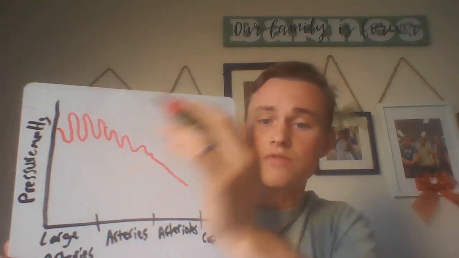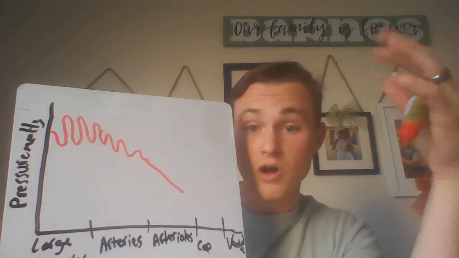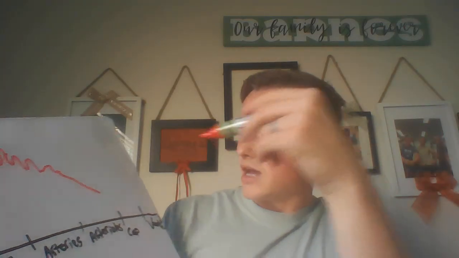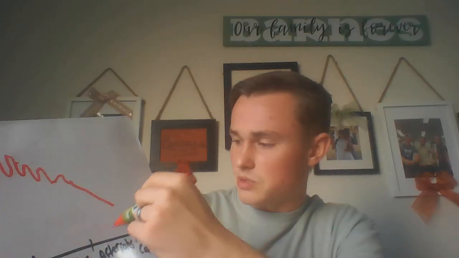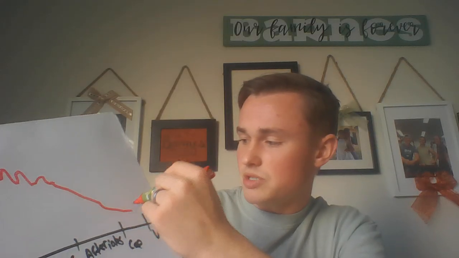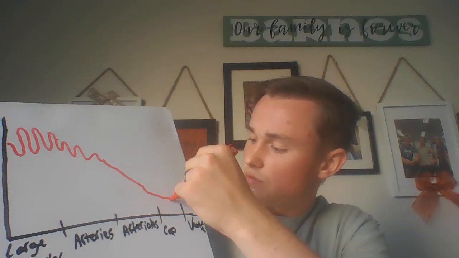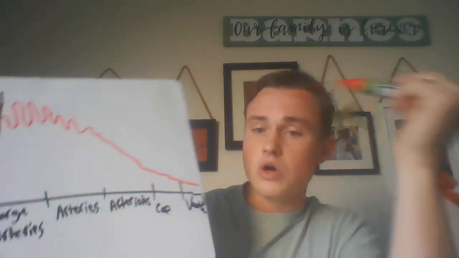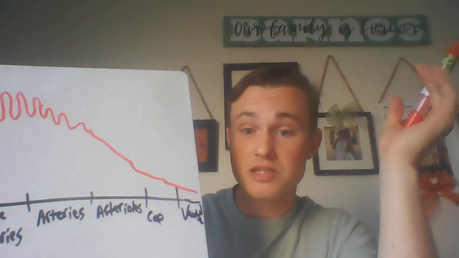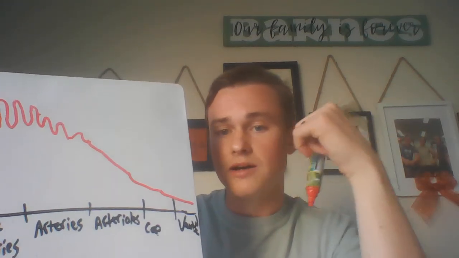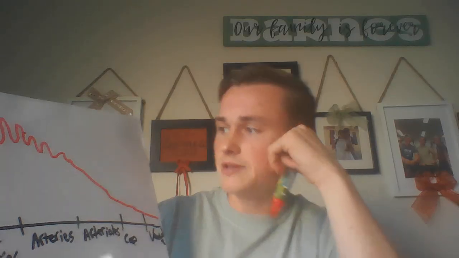Because you're getting farther and farther away from the source that is causing the pressure, which is your heart contracting. And then finally, we get down to our capillaries. Our capillaries have a very low pressure. And when you get to our venules, it's so low that it's actually possible to completely cut off blood flow to these ones. And we'll talk about that here in a minute.